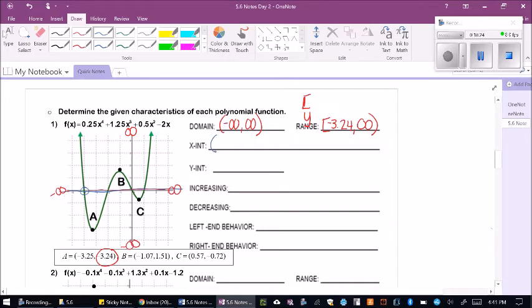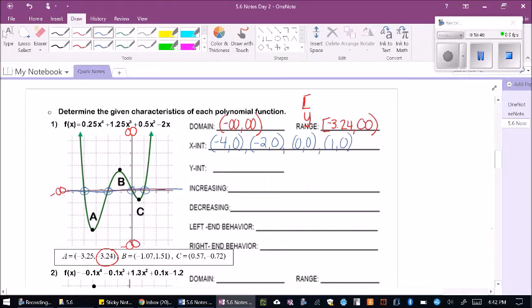So this would be negative 4, comma 0. The second one would be negative 2, comma 0. Third one is 0, comma 0. And the fourth one is 1, comma 0.